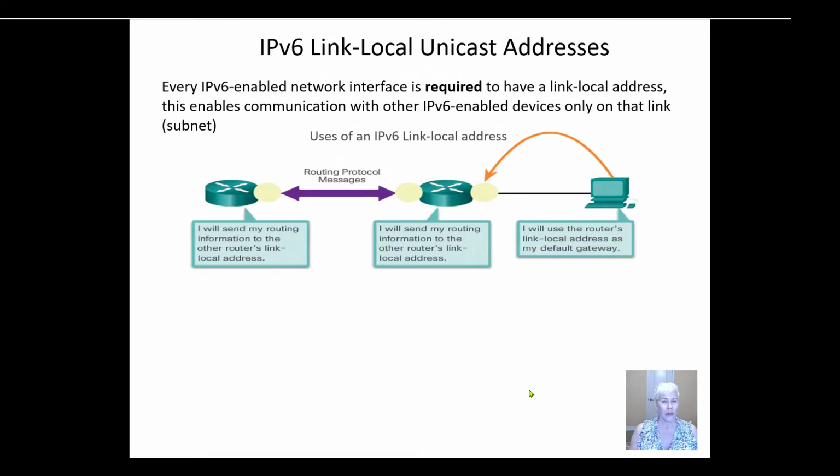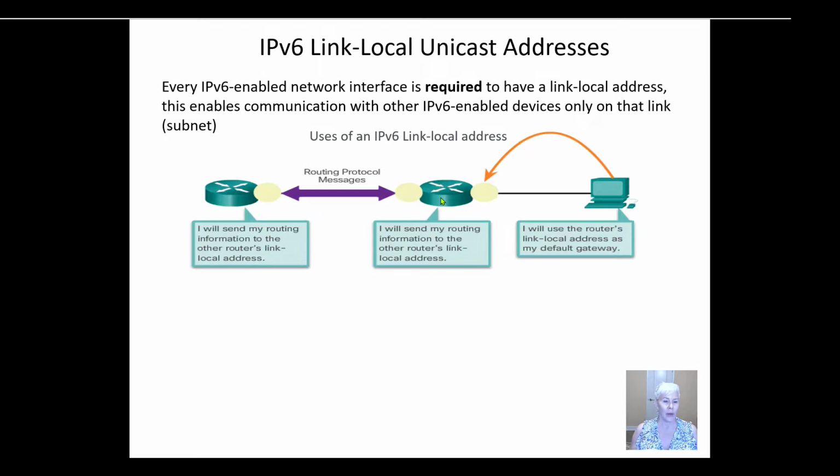I want to just recap the importance of a link local unicast address. Remember, every IPv6 enabled network interface has to have a link local address. It self-generates. And it doesn't matter if it's a WAN link, a LAN link, an end device. If it's enabled for IPv6, it will have a link local address.